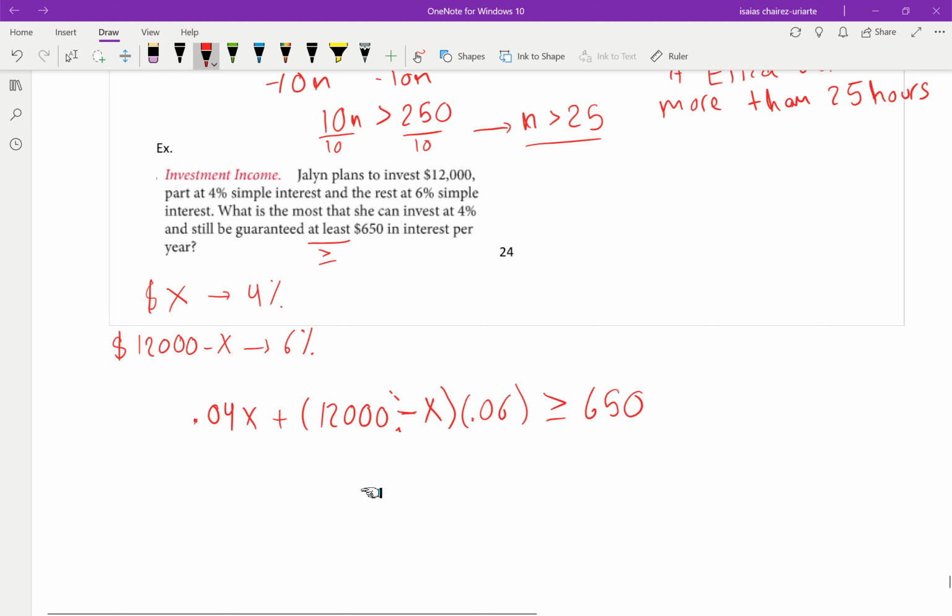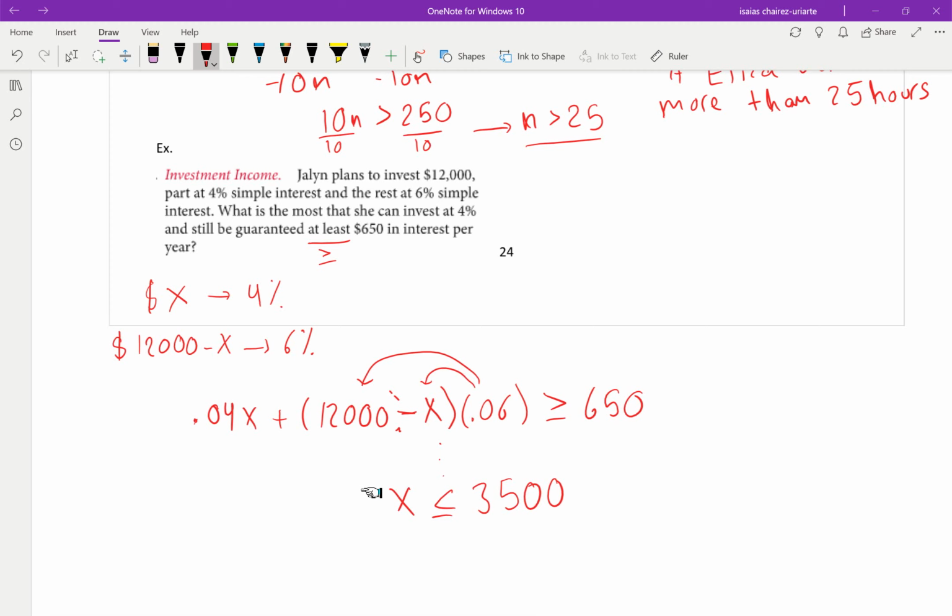Eventually, what you should get out of this, if I'm not mistaken, and I'm leaving out some of the details for the sake of time, is that x should be less than or equal to 3,500. Again, you're going to have to multiply this and multiply that, collect like terms, and solve for x. And remember that if you multiply or divide by a negative, the inequality sign flips.